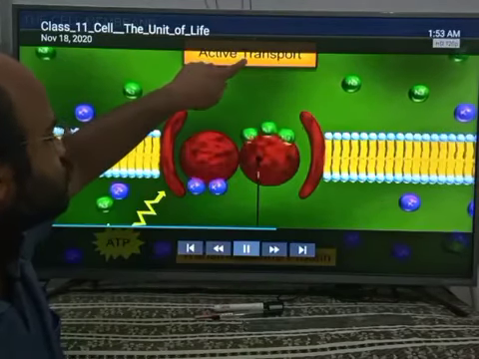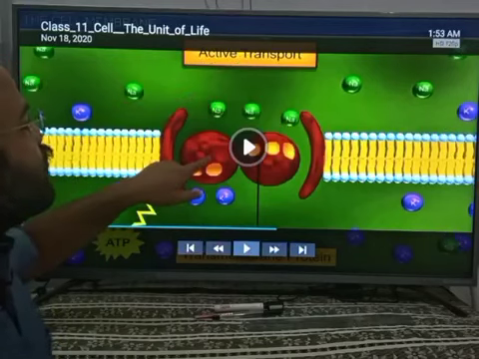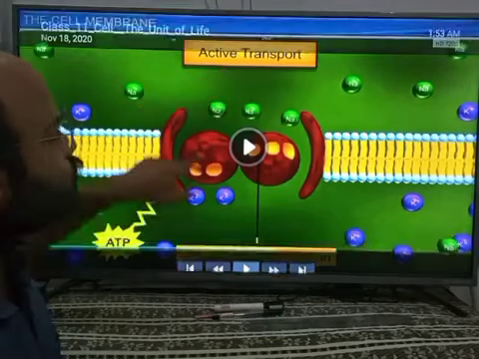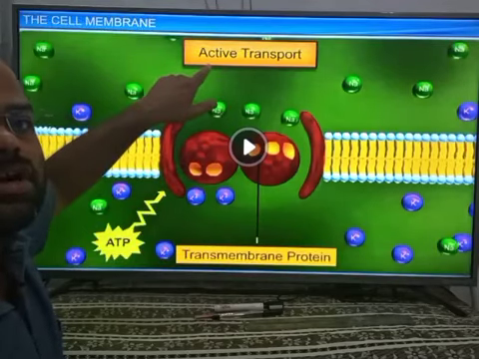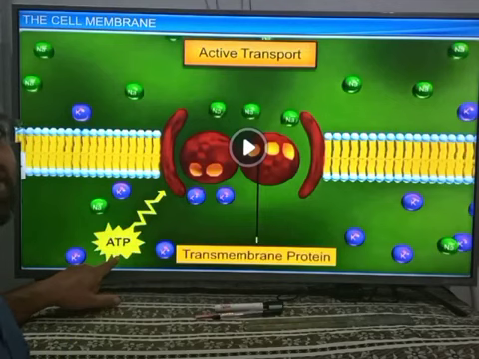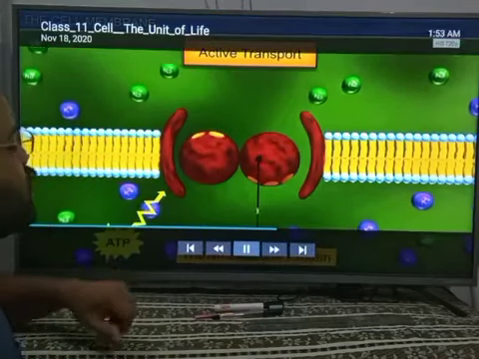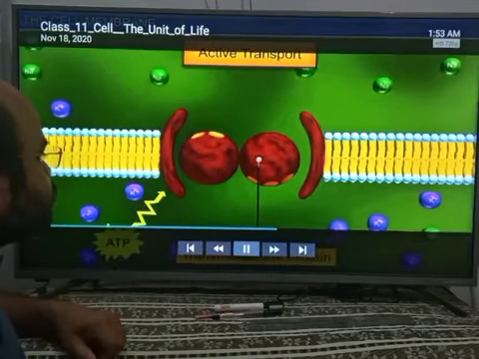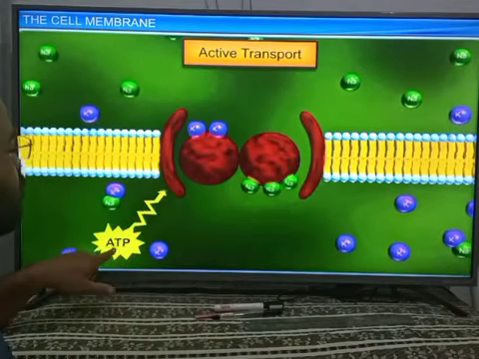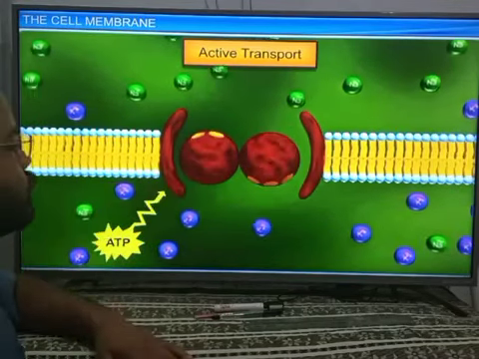In active transport, see, ATP is needed. The molecules are transported from low concentration to high concentration, where ATP is needed. Therefore, it is called active transport.